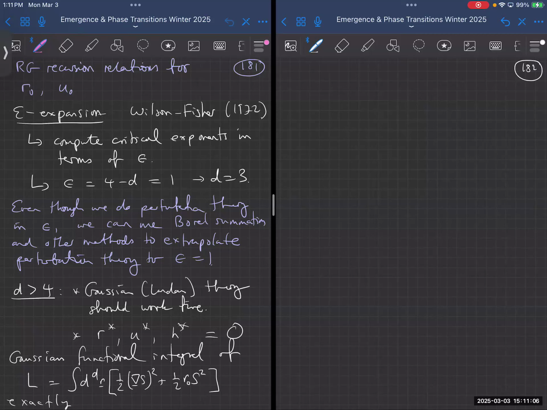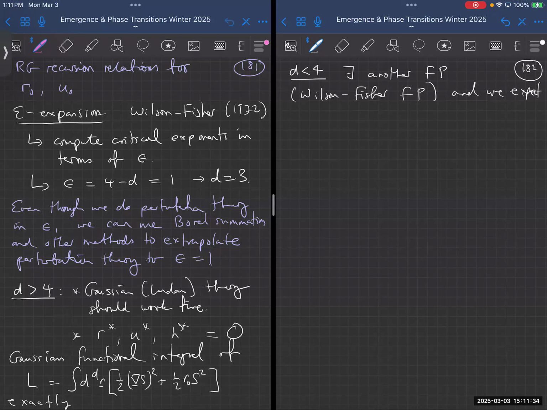Okay, so that's true for d greater than 4. For d less than 4, we're going to find that there is another fixed point, which is called the Wilson-Fisher fixed point. And we expect it to be of order epsilon away from the Gaussian fixed point.